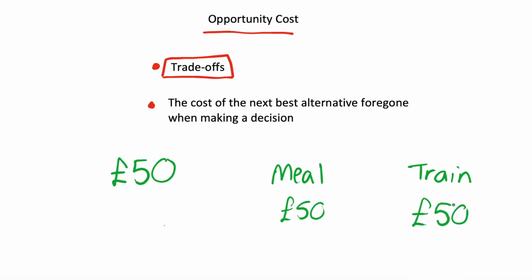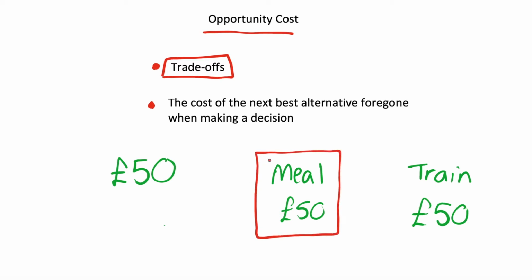This is obviously very simple: we're just going to exhaust all our money on one of these two options, and we have no other alternative of how we can spend this money. These are our two choices. We can either spend £50 on a meal, or we can spend £50 on a train journey to go visit a friend. And so let's consider that we choose to spend £50 on a meal.